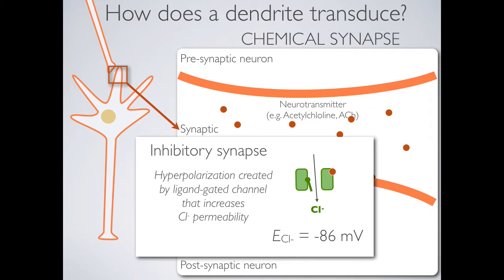It's going to make it more negative and therefore less likely to be activated by an excitatory signal. All right, so we call this an inhibitory synapse. It's a hyperpolarization that's created by ligand-gated channels that increase chloride permeability. Not chlorine, some people say chloride.